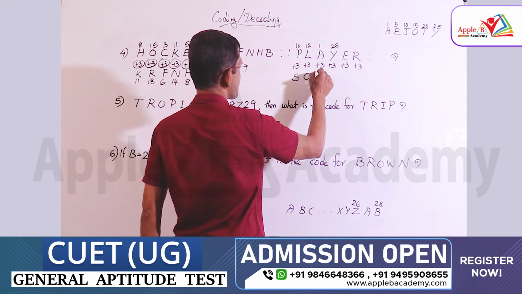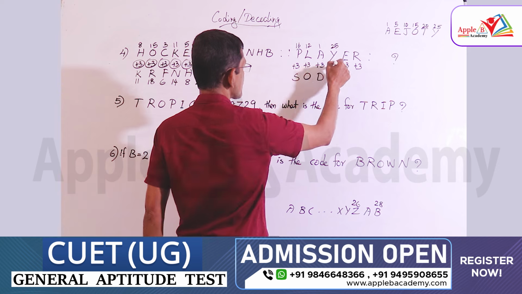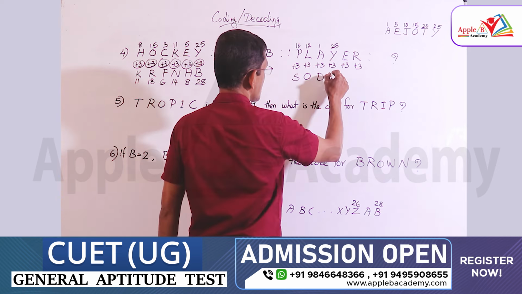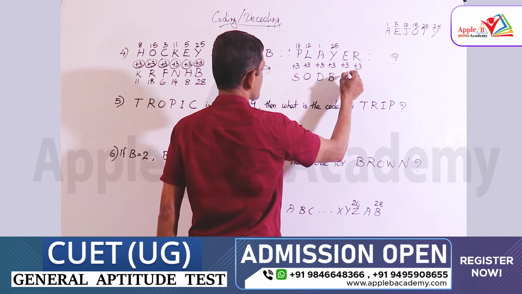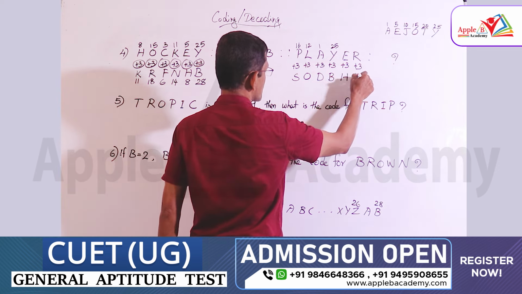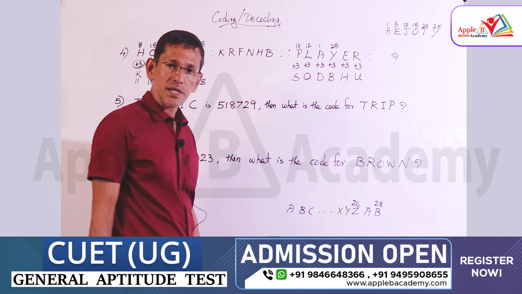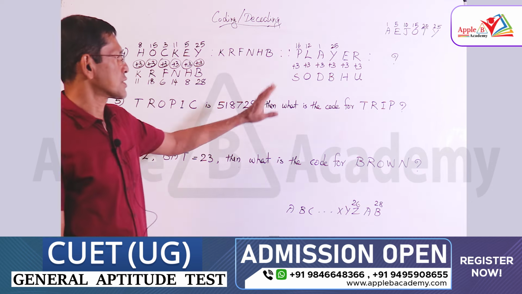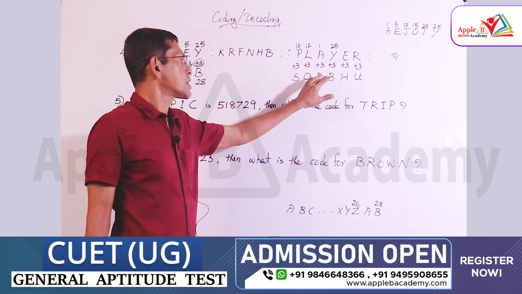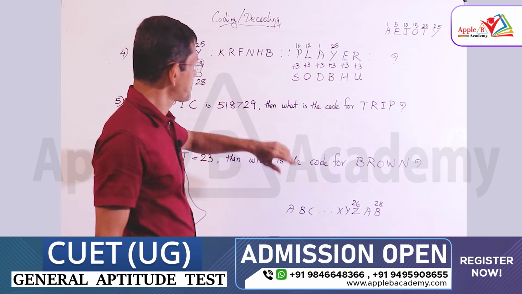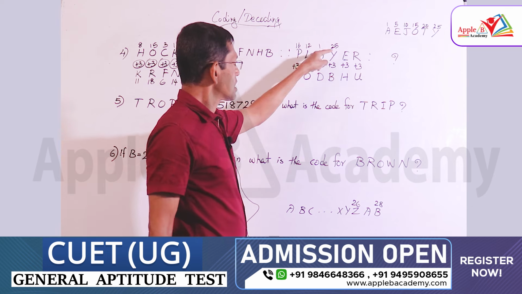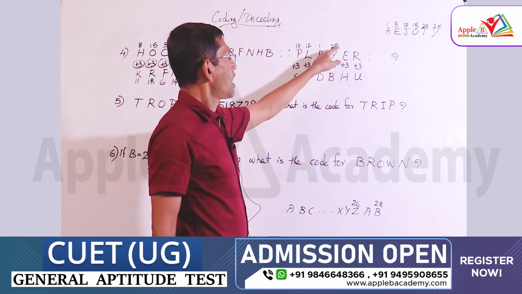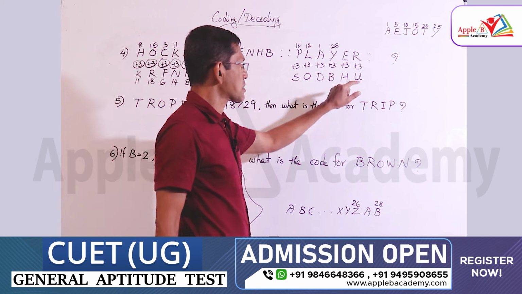A plus 3 is 4. 25 plus 3 is 28, again it is B. E plus 3 is H. And R plus 3: R is 18, 18 plus 3 is 21, 21 is U. So SODBHU. Plus 3, plus 3, plus 3, plus 3, and this is plus 3 as well.